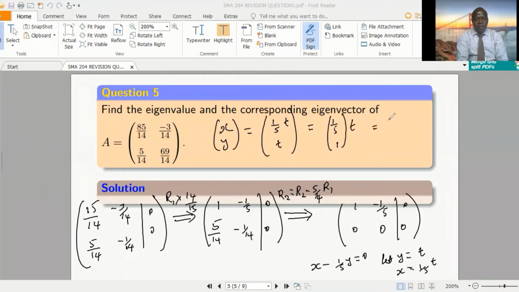But this is the same as (1, 5) t, if I multiply here by 5 and here by 5. So the eigenvector is in this form. In fact, it is 1 out of 5, 1, or any other multiple of (1, 5). So let me settle on this as the eigenvector corresponding to lambda equal to 5.